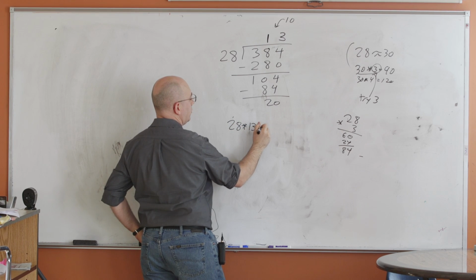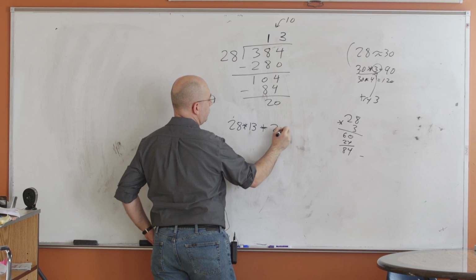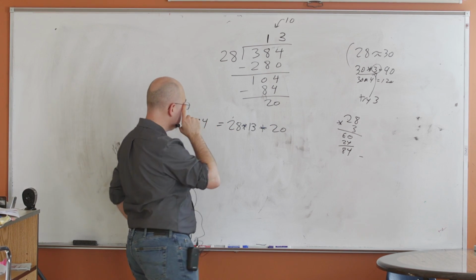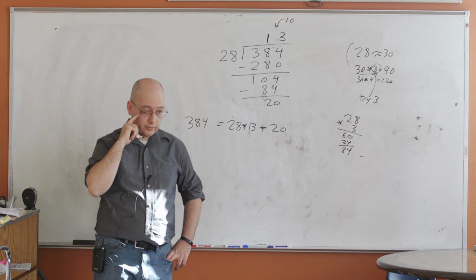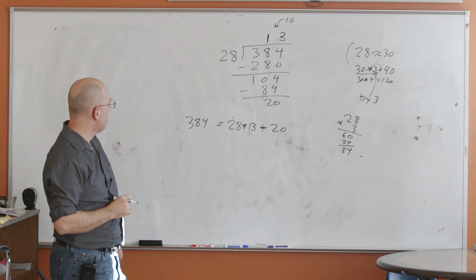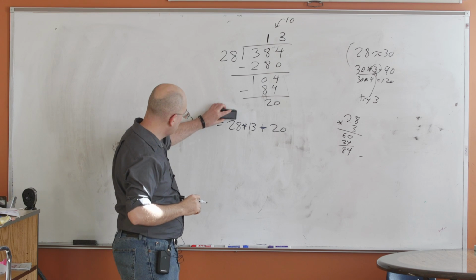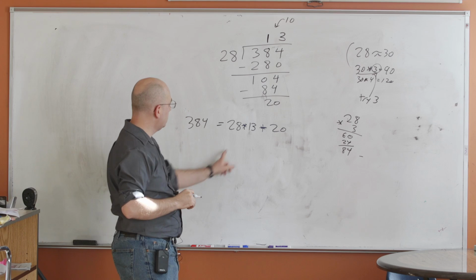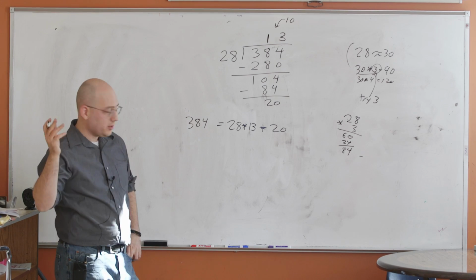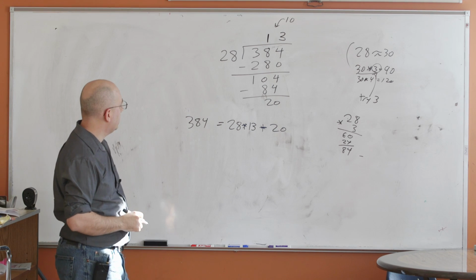So the claim would be 28 times 13 plus 20 is equal to 384, if I've done all that correctly. Now, one could actually do that multiplication out, or you can do the checksum thing, add up the digits, multiply those things, and compute all that out.